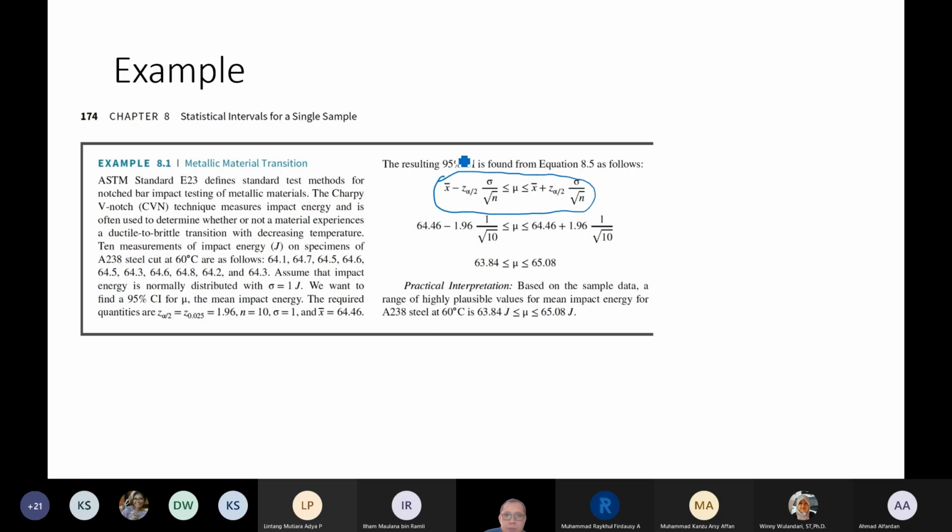So this formula is for confidence interval. And alpha, 100% minus alpha is confidence level.